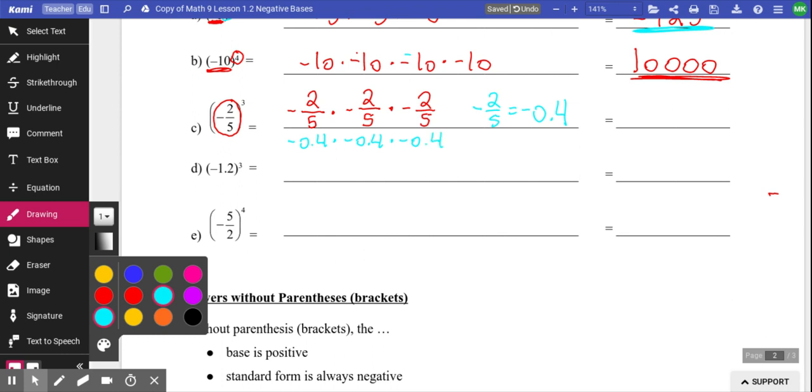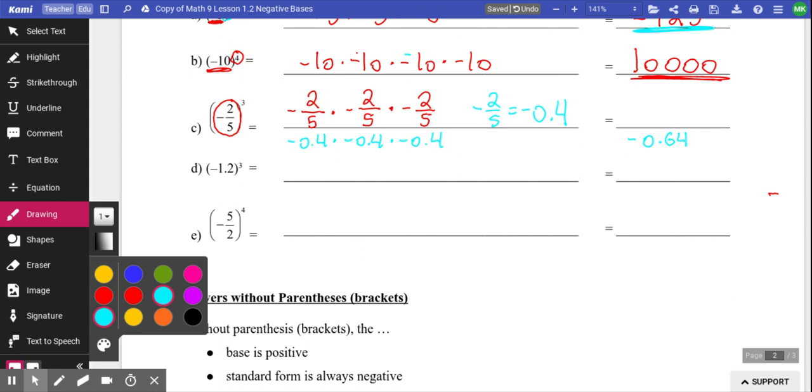And that would give you the decimal answer. In our case, the decimal answer would be negative 0.064.